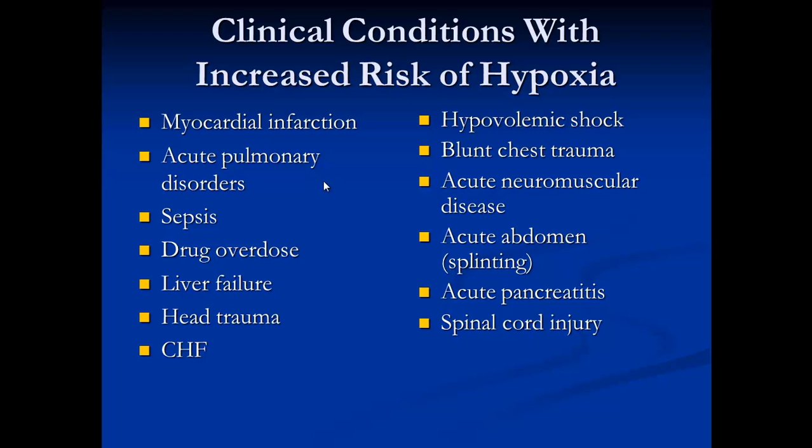Don't forget the abdomen. Patients that have any type of abdominal disorders, including cholecystitis, pancreatitis, duodenitis, diverticulitis, bowel obstruction, any perforated bowel, mesenteric ischemia, anything related to the abdomen could paralyze the diaphragm, and that could impede the ventilatory support. Patients with acute pancreatitis as well as a spinal cord injury.